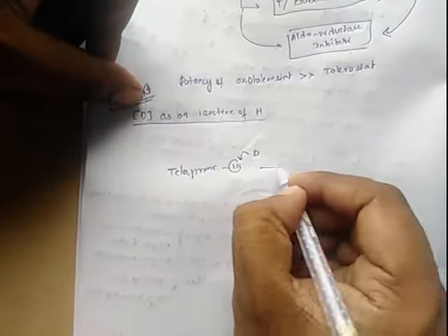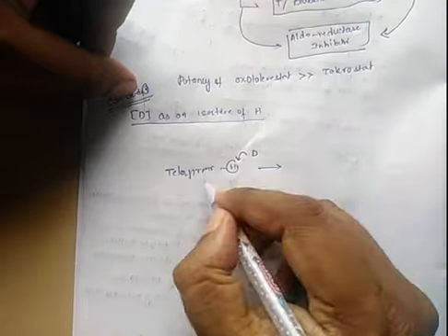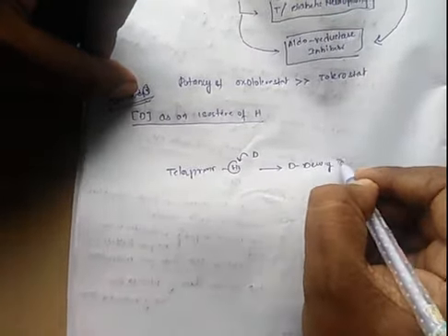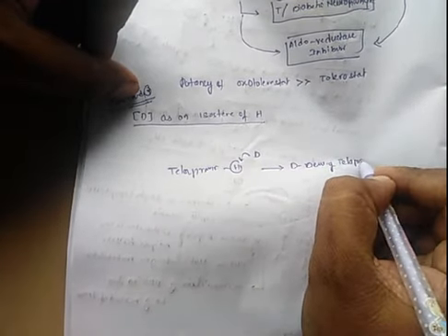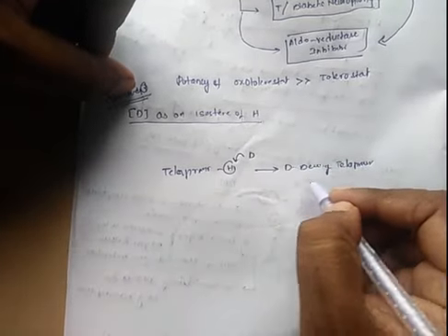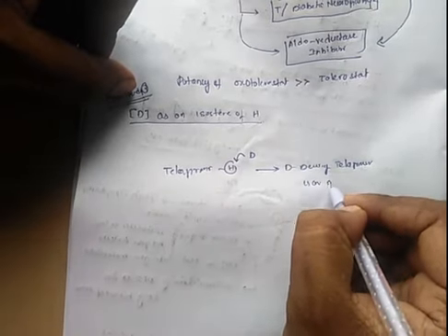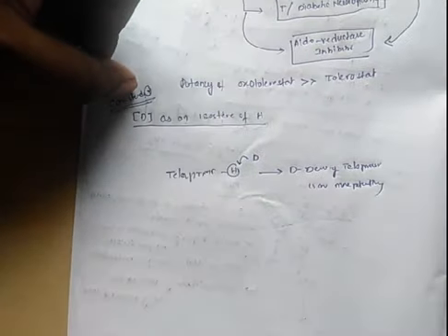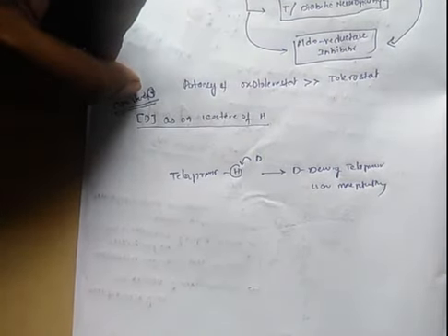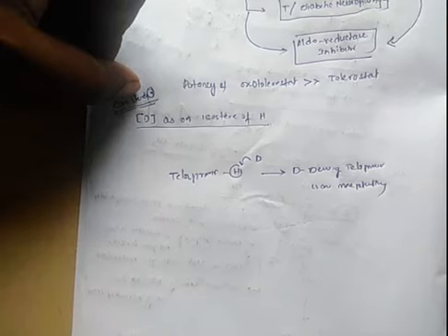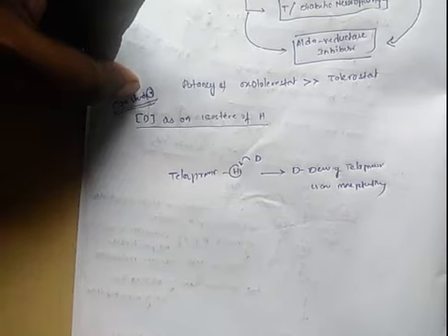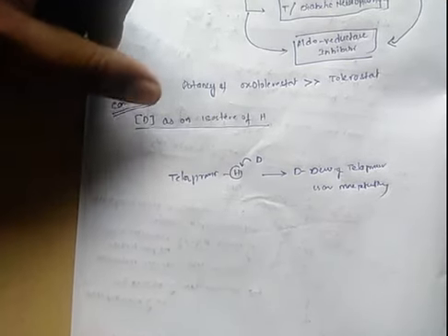The D derivative of telaprevir is a more potent drug. As the structure is very big, I am not interested in drawing it. So bioisosterism is a very helpful technique to improve the desired properties of a drug molecule.